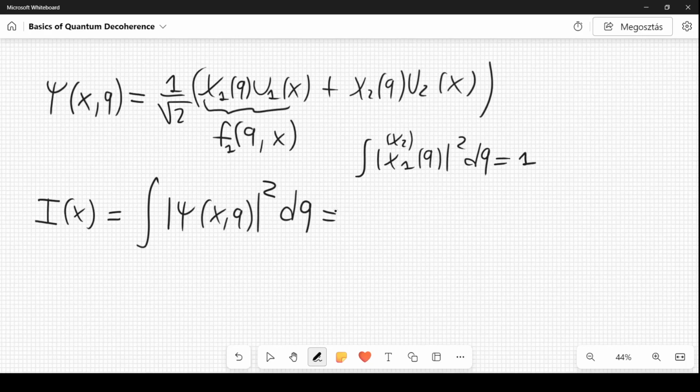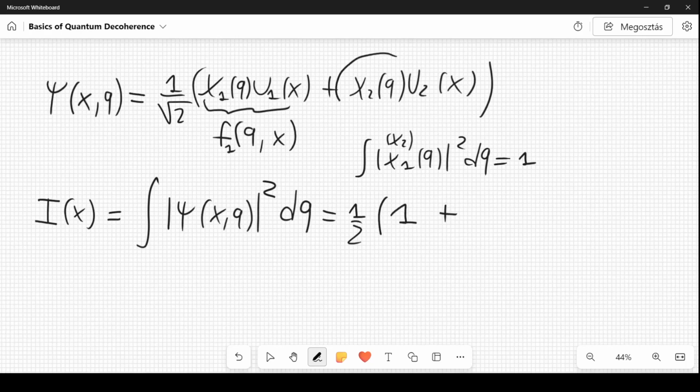So if we do this integration, when we square this part and then integrate over q, we are simply going to get the mod of u1 squared. But if you recall, the mod of u1 squared is just 1. So we get basically 1/2, which comes from squaring this. Then we get 1.